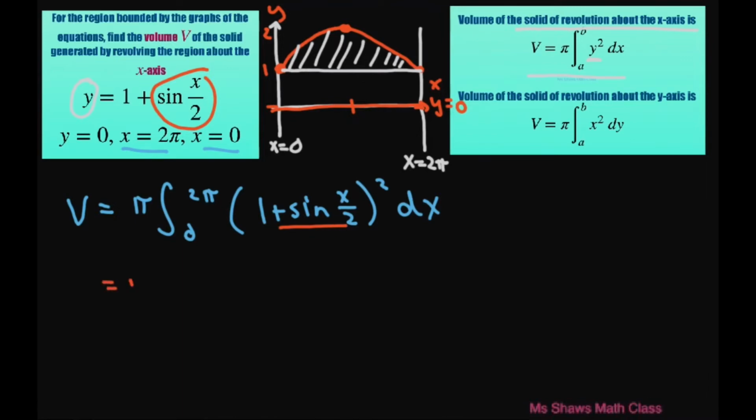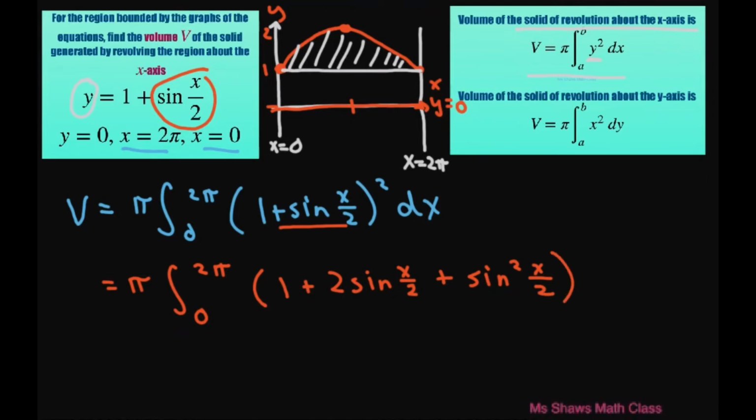So this is going to equal pi times the integral from 0 to 2 pi of 1 plus 2 sine of x divided by 2 plus sine squared of x divided by 2 dx. And I just use this formula and then expand it.